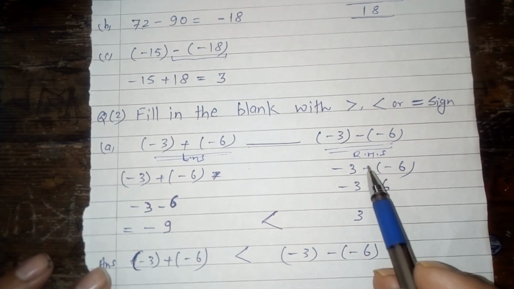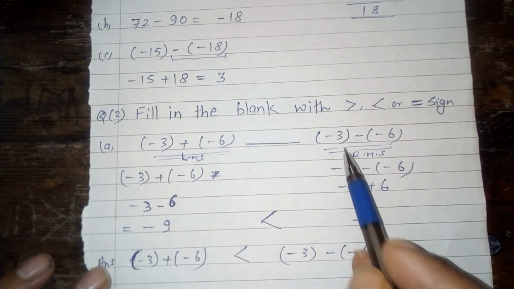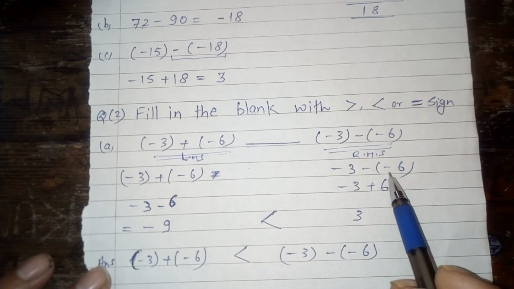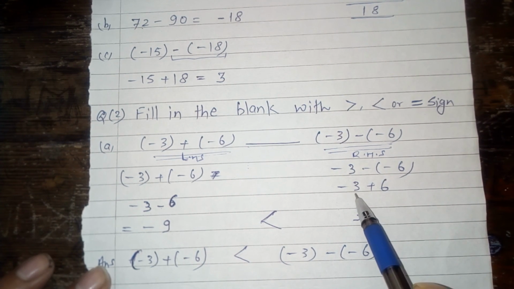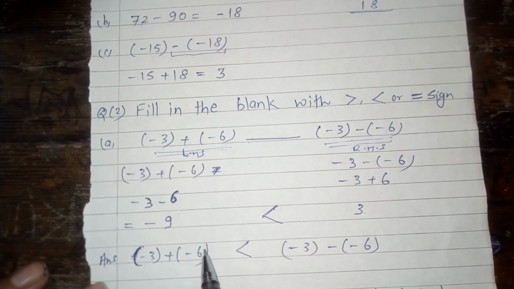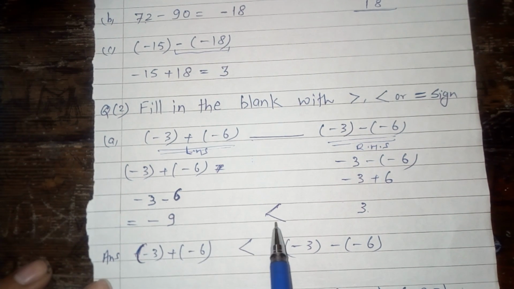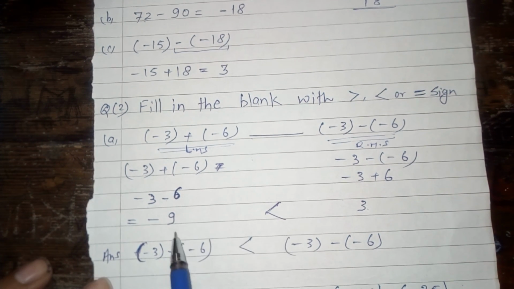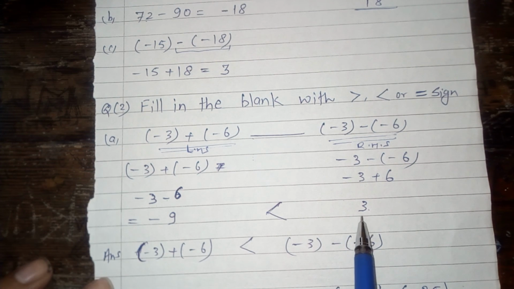Then we will do RHS. Minus 3 minus in bracket minus 6 is minus 3 plus 6, it will give you 3. Again after calculation we will discuss the sign. It is minus 9, it is 3.